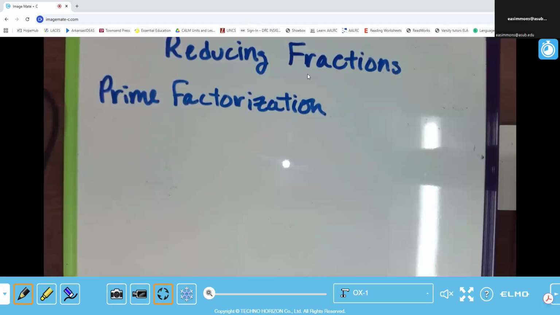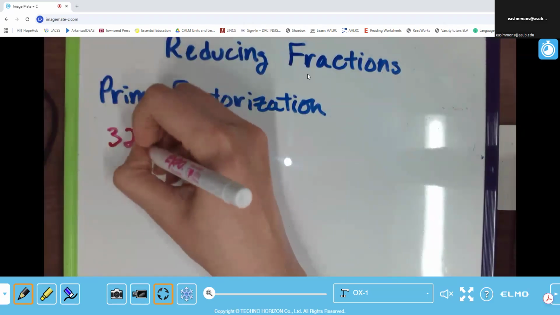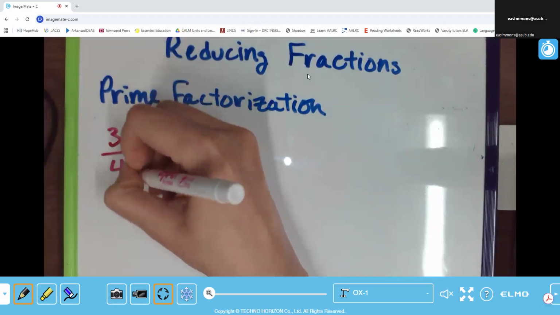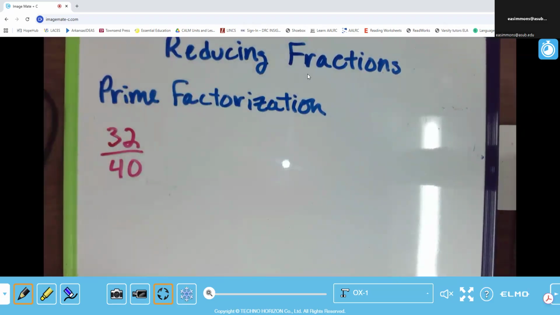But prime factorization is good when you're kind of stuck on the numbers and you're not sure what could come out. So for example, if we had 32 over 40, and these are both bigger numbers, so maybe we don't recognize something that could come out, we could prime factor these numbers.